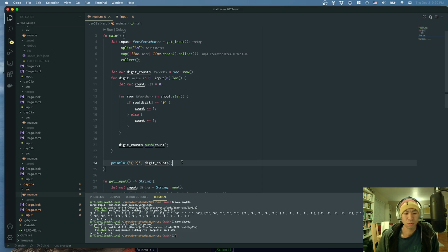All right, so what we want to do now is calculate what gamma is and calculate what epsilon is, and then multiply those 2 together.